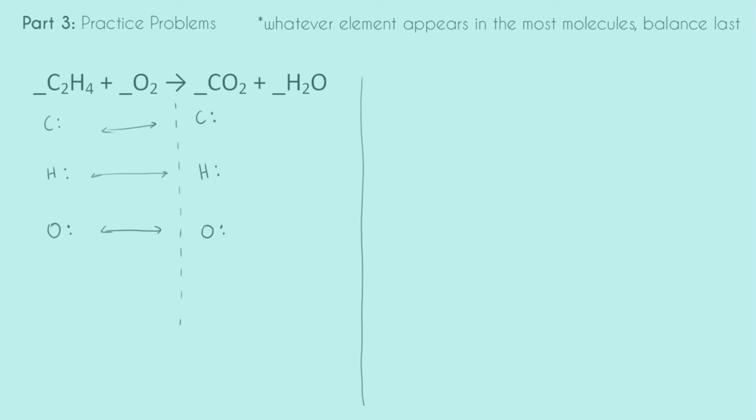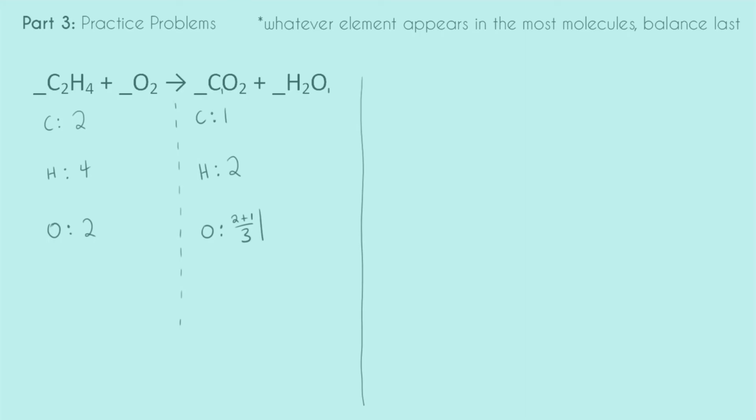I don't want to have these out of order or else I'm going to start to get confused. All right, and so without coefficients, I have 1 carbon from the implied 1 subscript, I have 2 hydrogens, and for oxygens, I have 2 plus 1 at the very beginning. So that gets me to 3 overall oxygens.